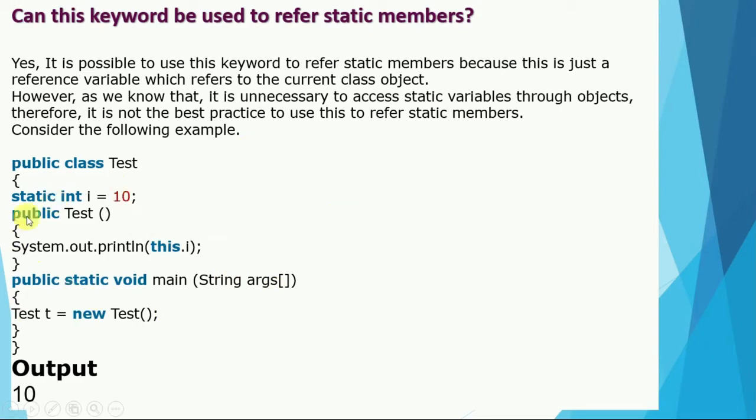In this example, there is a class named test and a static member I equals 10, and we have a constructor in which we refer to this static member. In the main method we create an object and call this test constructor, and inside it we refer to the static member. The output is 10, but it is not the best practice to use this to refer to a static member.